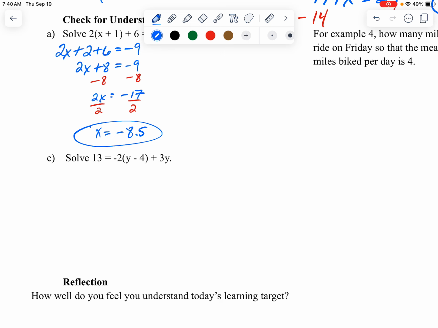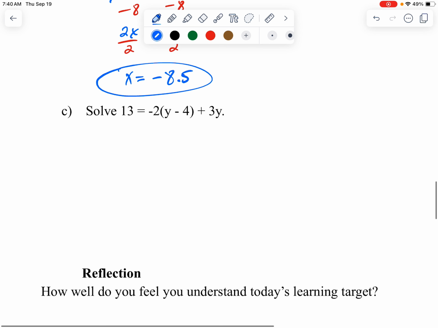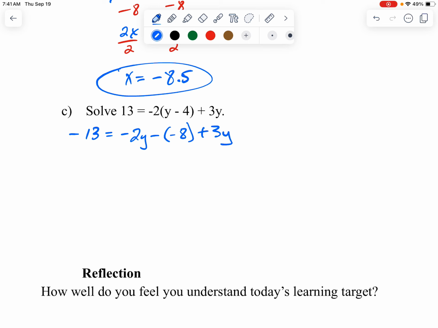Again, I'm going to jump down to part C. We've got some distribution to do, negative 1 times 3. Okay, we've got those negatives in there. So I've got negative 2y minus negative 8 plus 3y. We can clean things up by combining some like terms.